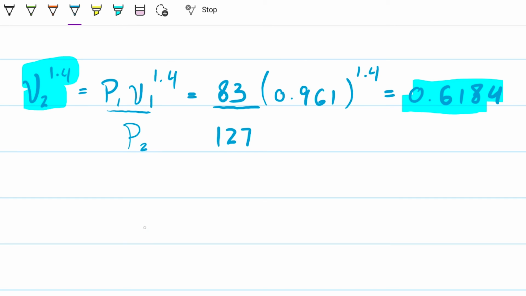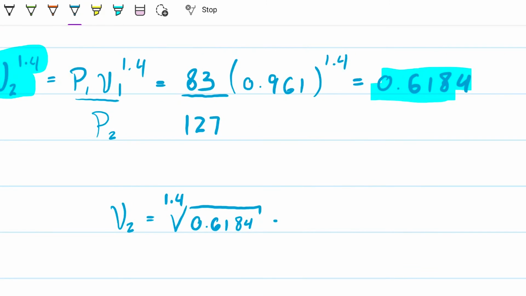So if I want V2, and I do want V2, what I want to do is take the root to the 1.4 of that, 0.684. This turns out to be 0.709. And that we can keep the units.